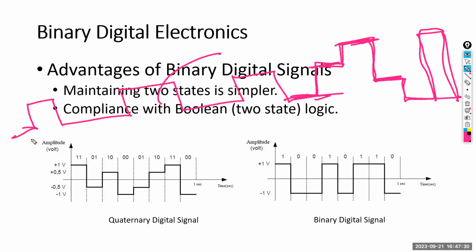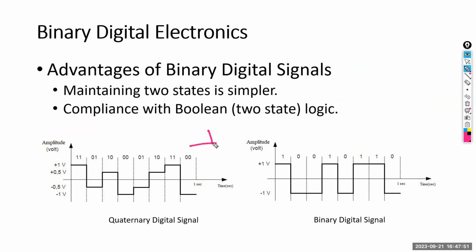So this is say 0 state, 1, say 0 0, say this is time unit, 1 1 0 0 0 1 1 0. So this is a binary digital signal. Right? But if it is something like, say this goes like this.